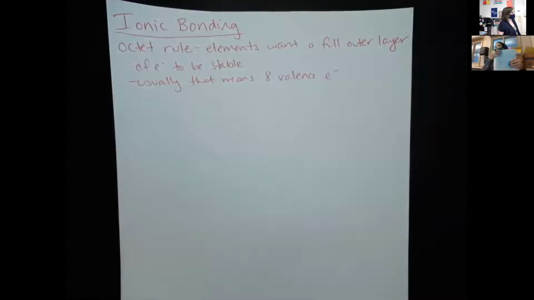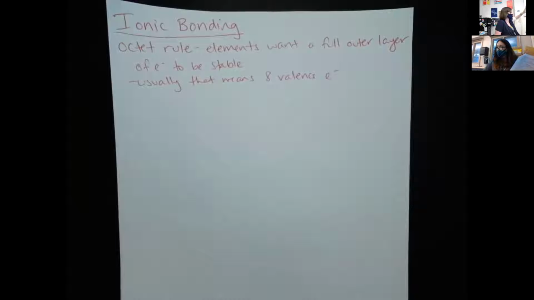What is the exception? Which elements maybe don't need 8 valence electrons to be stable? Remember, we kind of already mentioned this. Which elements don't have 8, but they are stable? Like helium, right? Remember how helium is the exception?